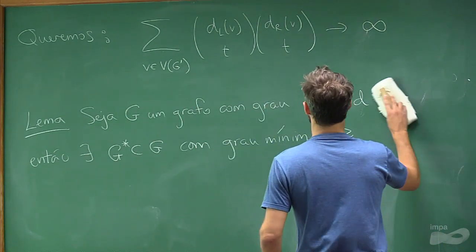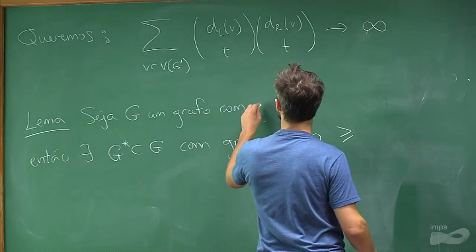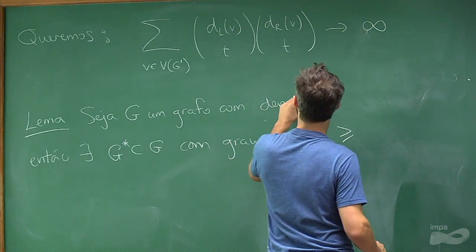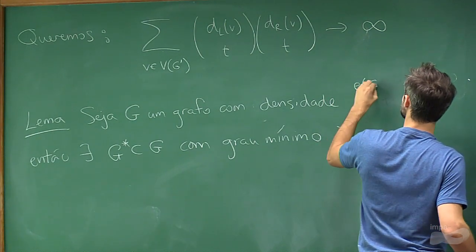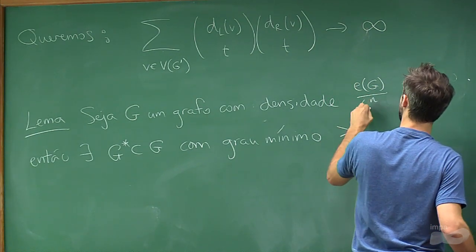Instead of average degree, I want to say it in terms of density. So the density is just E of G divided by n choose 2.